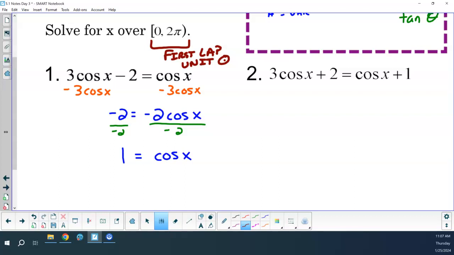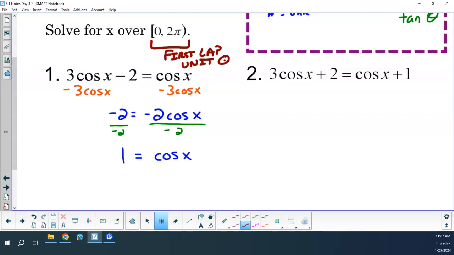I'm going inclusive on 0, and exclusive on 2 pi, so that we don't have to double up, because those are at the same point.